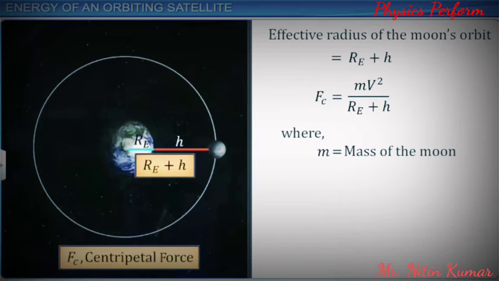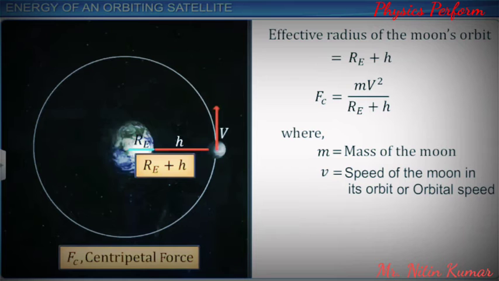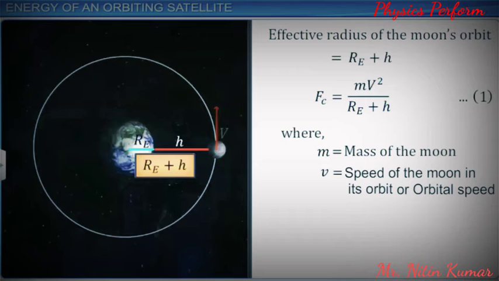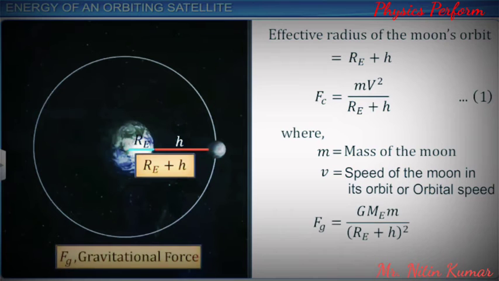The speed of the Moon in its orbit is also referred to as orbital speed. Let this expression be equation 1. The gravitational force between the Moon and the Earth is expressed as Fg is equal to GMEM by RE plus h square, where ME is the mass of the Earth. Let this be equation 2.